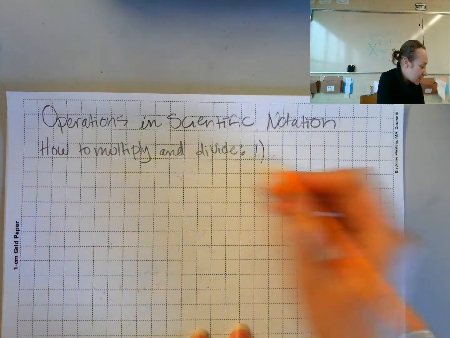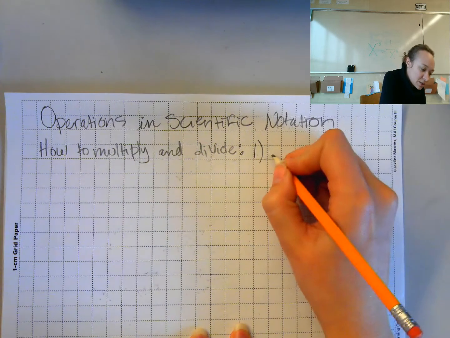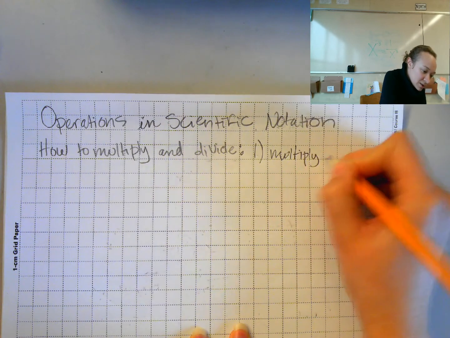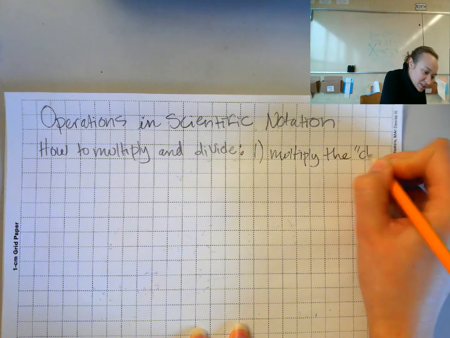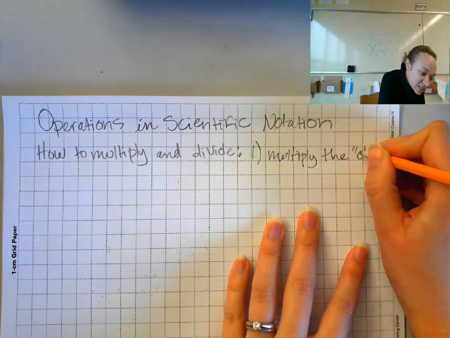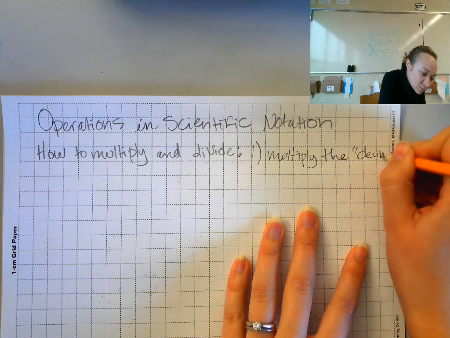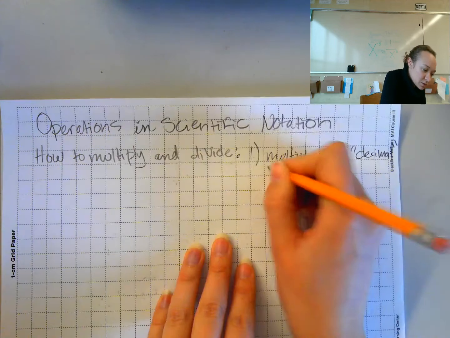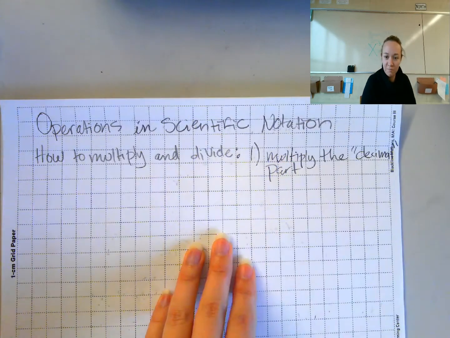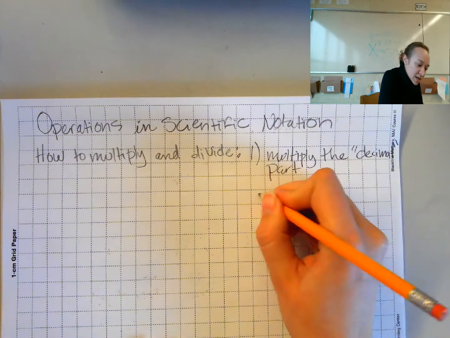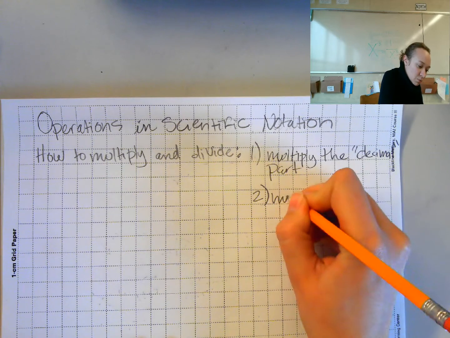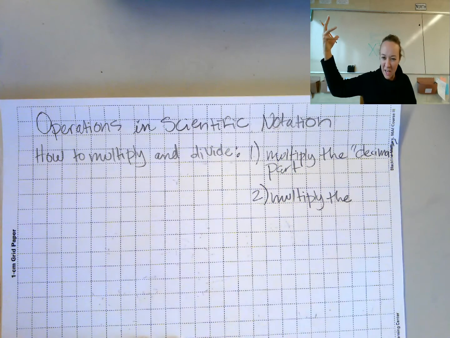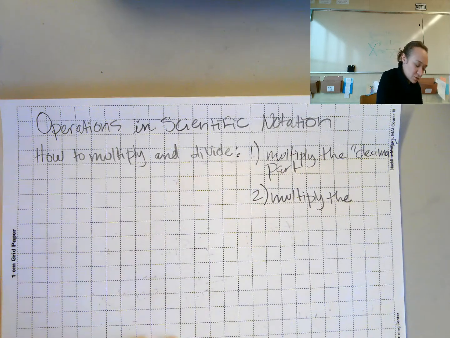So to multiply and divide, your first step is going to be to multiply what I'm going to call the decimal part, the stuff that's before the times 10 to the power, even though it may not actually be a decimal. Next, you are going to multiply the exponent part, like the magnitudes.